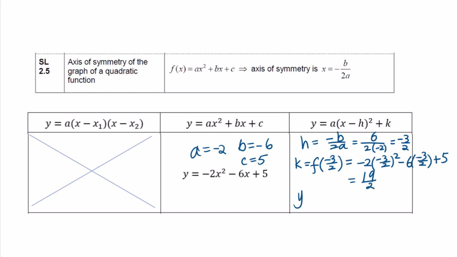So we can write down y equals, a is -2, (x minus h, which is plus 3 over 2) squared, then plus 19 over 2.